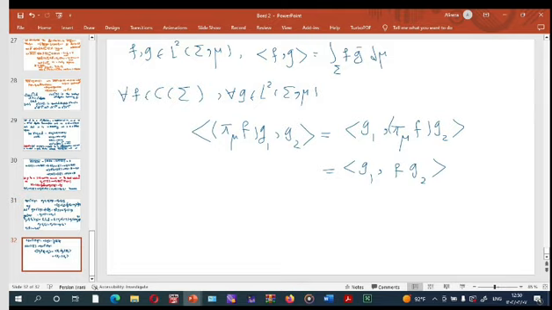Now if we consider P mu of f bar, okay, this is f bar and this is f bar. And this is equal to, by this inner product, the integral of g1 f bar g2 d mu on sigma. Okay.